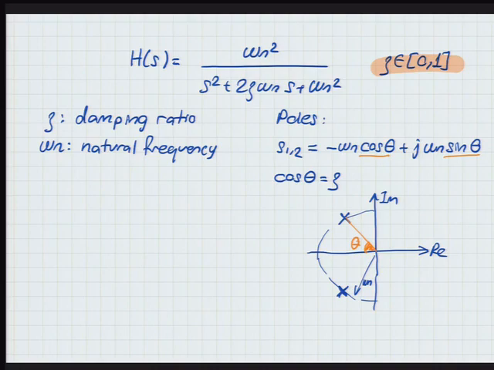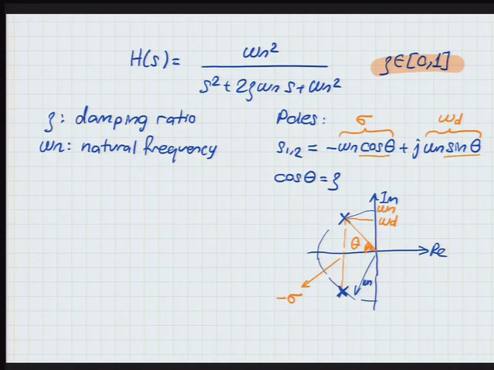All right. So what we're going to do is we're going to call omega n cosine theta sigma, because that really is the real part of our poles. Okay. So sigma is this point. So this point here is negative sigma. Okay. That's the real part. Imaginary part is this, and we're going to call it omega d to distinguish it from omega n, because omega n is actually here.